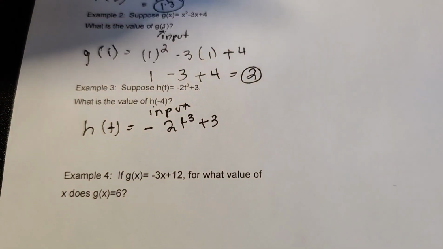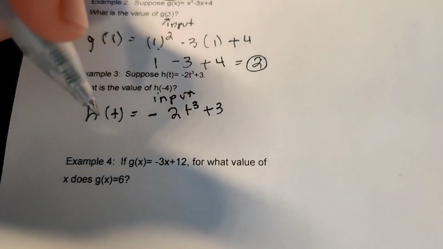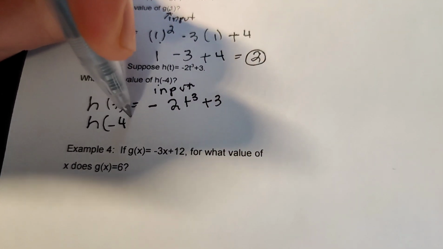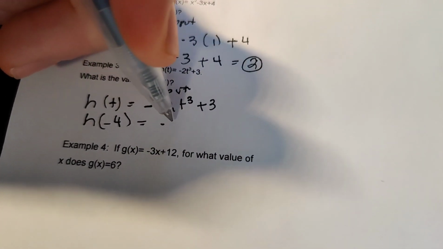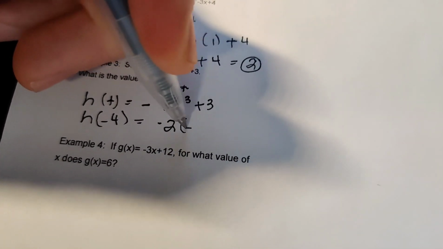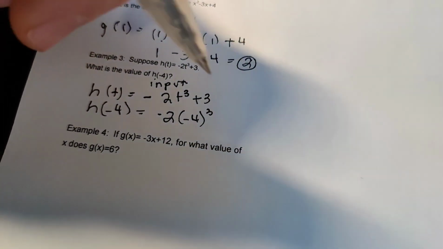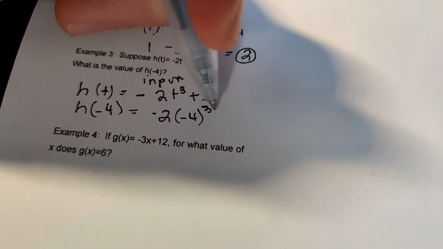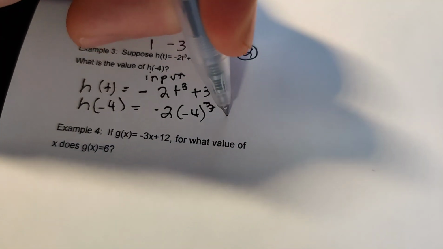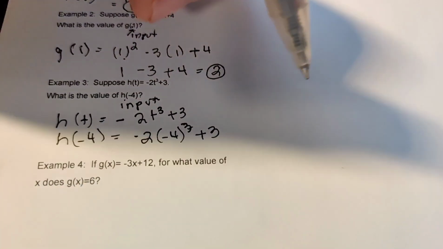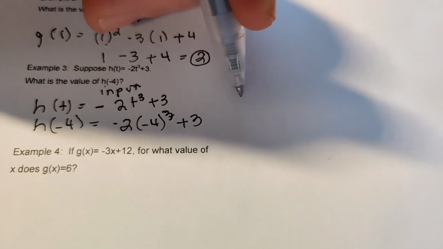Okay, so h of negative 4 is going to be negative 2 times negative 4 cubed, oh, that's a bad 3, sorry, plus 3, okay. All right, let's continue on the side because I'm running out of space over here.